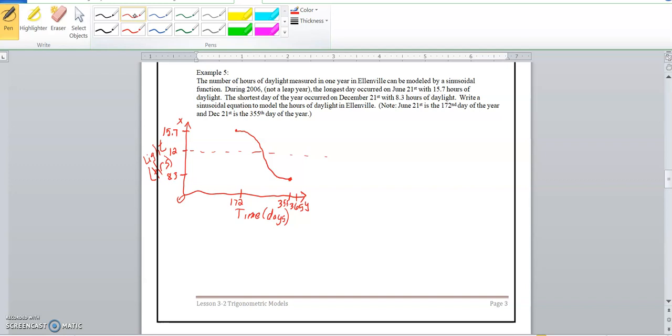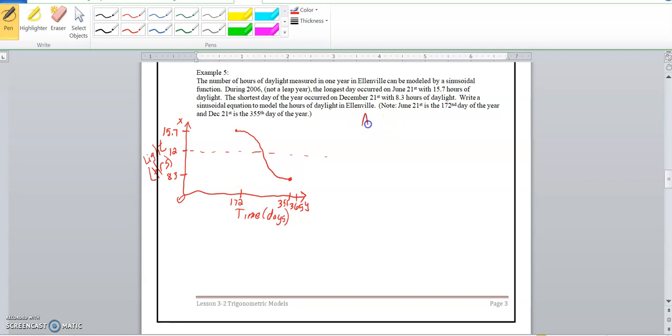What I would say, though, it says write a sinusoidal function. Sinusoidal does only mean sine or cosine. It doesn't mean you have to write a sine function. And because the graph looks like, I see this more of a cosine because it starts at the peak. And we have exact points for that. So I'm going to use a cosine function.